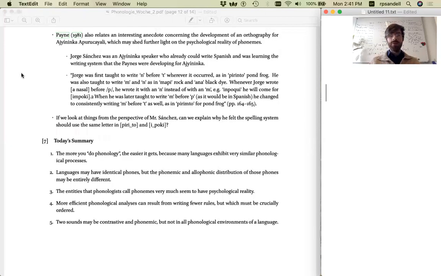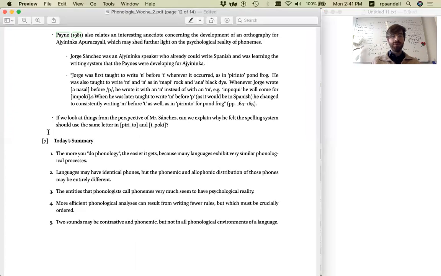And our last two points were simply that we sometimes need to be aware of possible interactions between rules that can result from writing fewer rules. Very often, if you try to write the most specific rules possible, you may be able to avoid the problem of rule interaction, but that won't make for a very satisfying analysis.